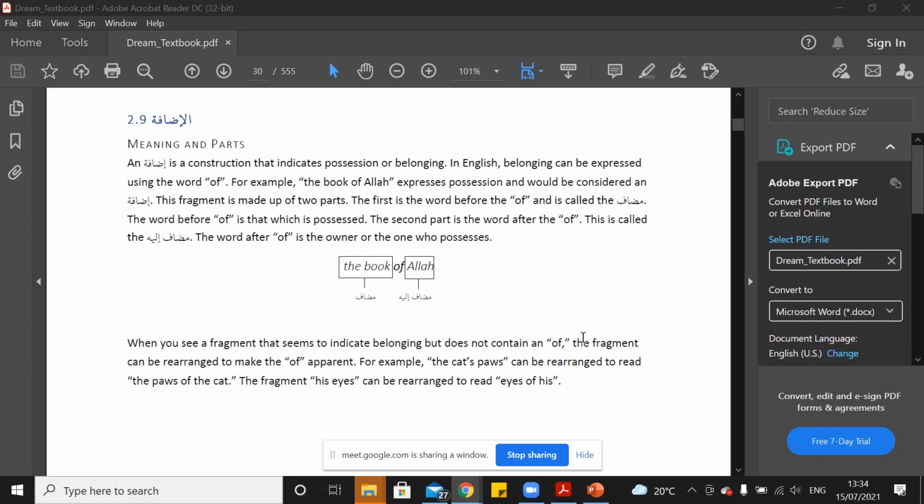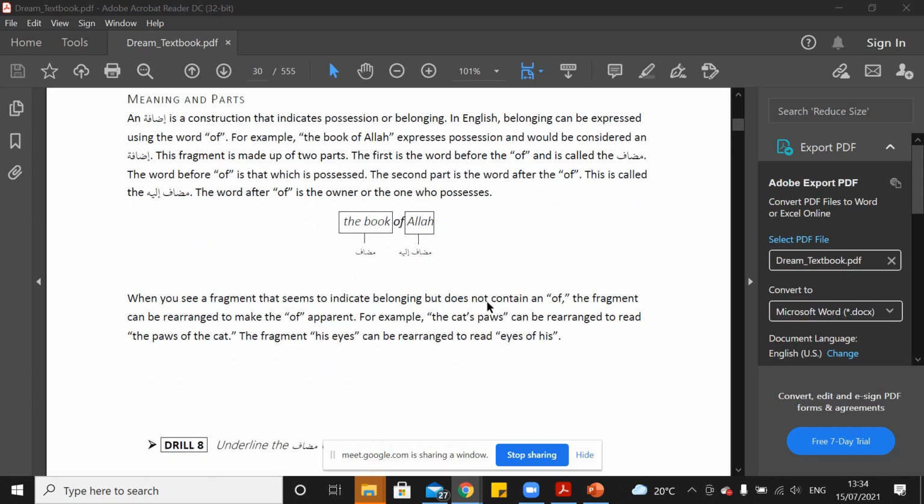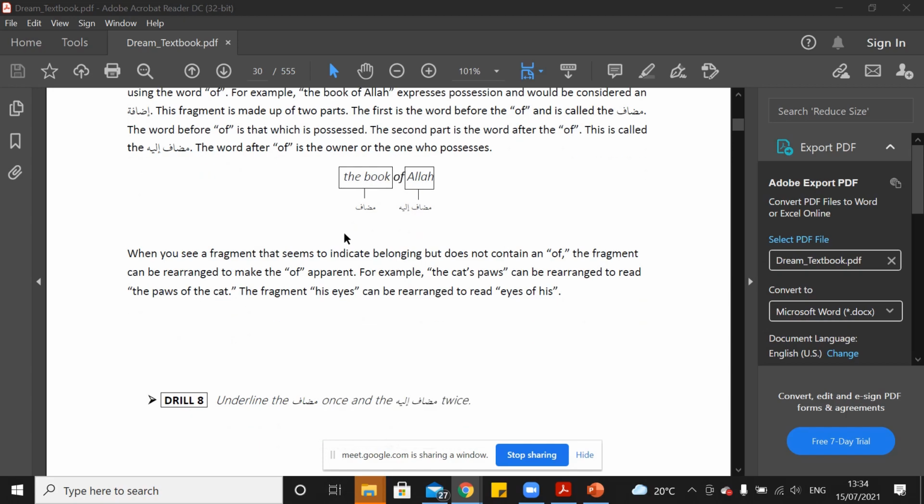You will see kullin, but I'm giving you the list of special zarf of time and place, and they are kullun because they can also come independently, not always as an idafa fragment. When we get to the other topic, the special mudaf will always be an idafa fragment. Okay.